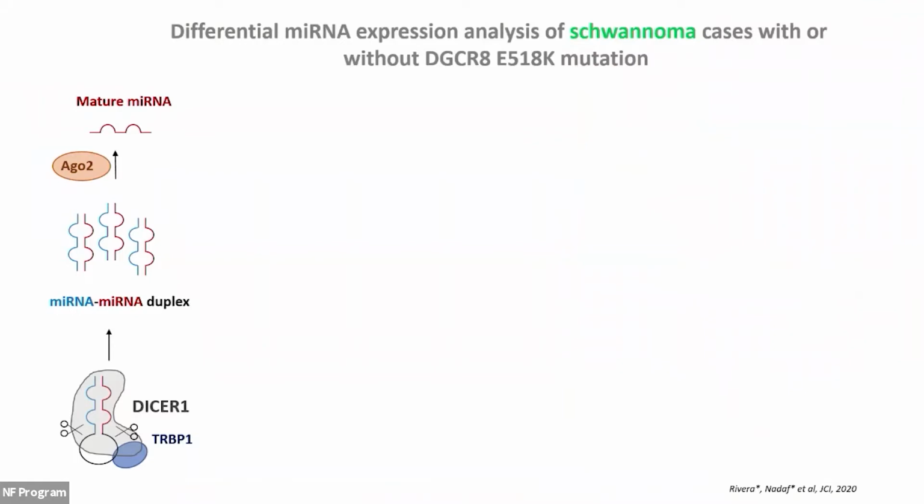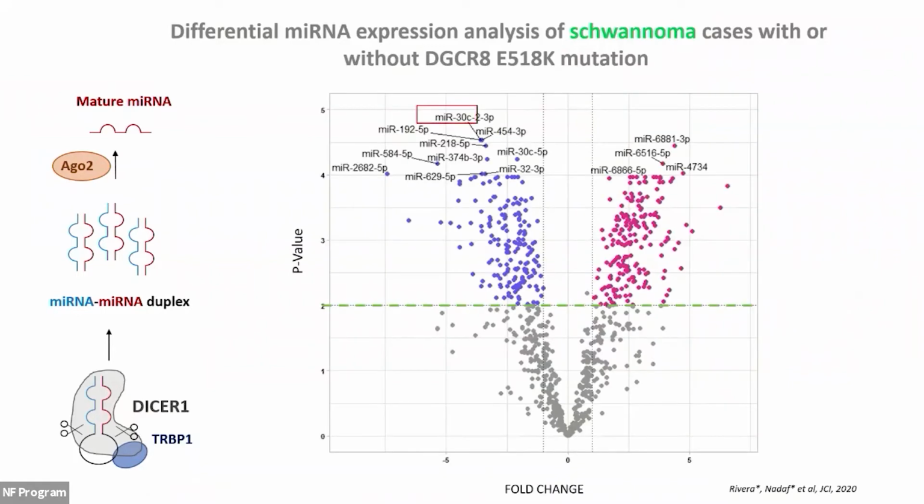Right, so we have a profile, but we wanted to dig into what microRNAs are actually differentially expressed between mutated and non-mutated. This is the schwannoma sample set, between schwannomas with the mutation and without. So in this volcano plot, the p-value is in logarithmic scale, fold change is here, FDR is set at 1%.